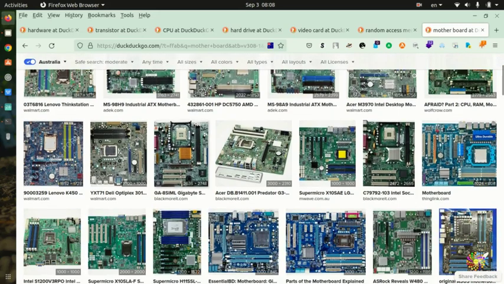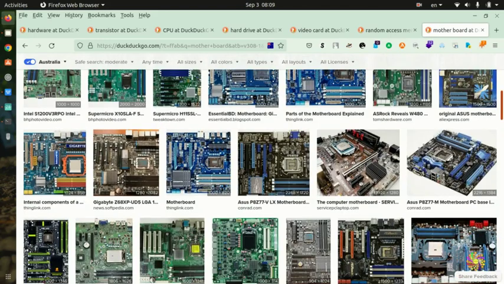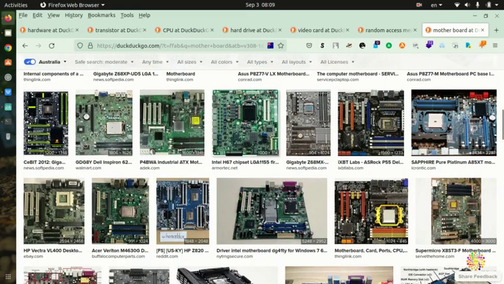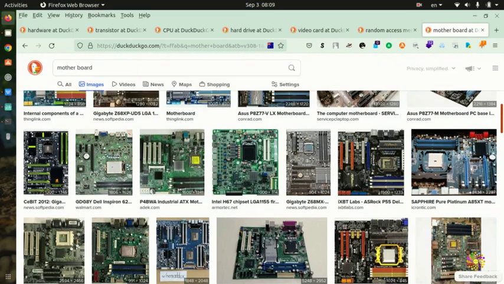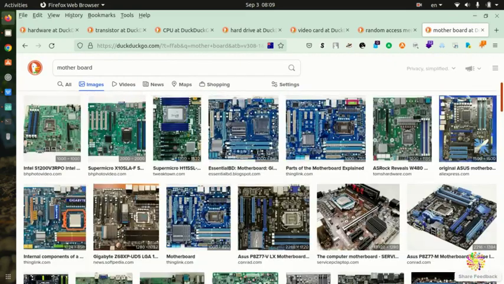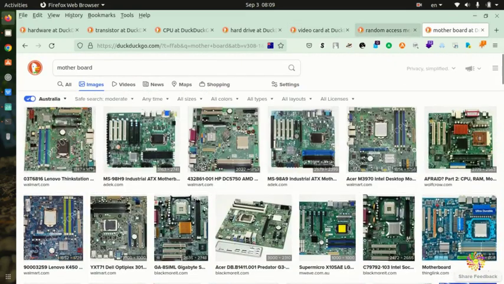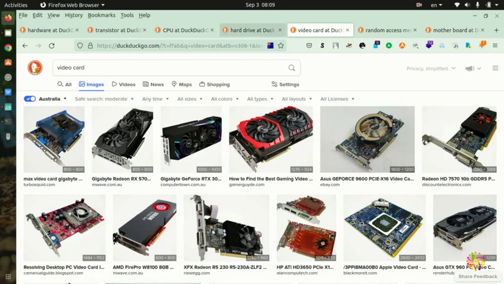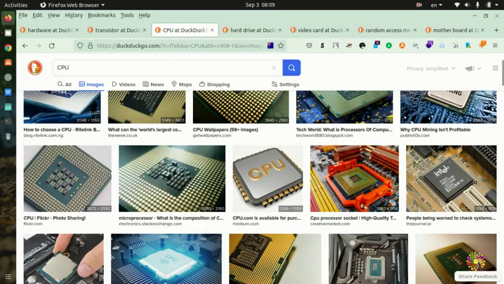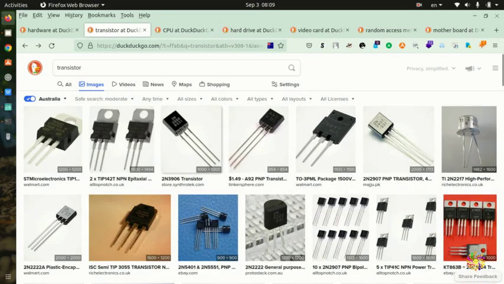Raspberry Pi is very cheap. You can bring it and install it yourself. And some of them are very expensive. You can replace this one yourself as well. So we, as computer programmers, need to know all of these motherboards, all of this random access memory, the video card, the hard drive, the chip, and the transistor.